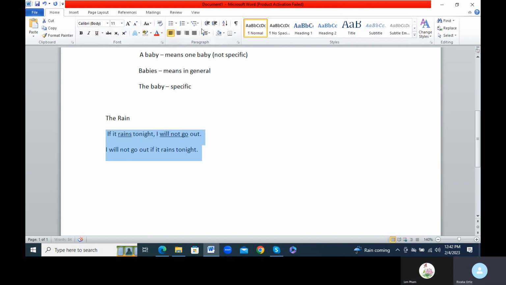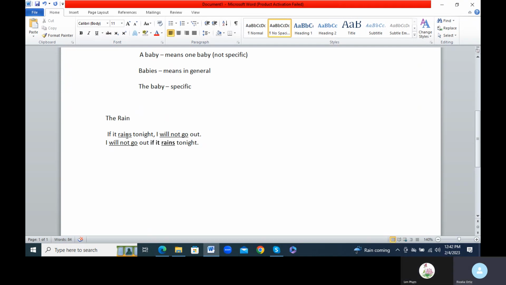But one thing you have to remember very carefully is that after the if clause, you cannot put another form of the verb in the future and present conditions. You only have to use the present simple verb form. Look at here. If it rains, after if, you have the present simple verb rains. You notice that?